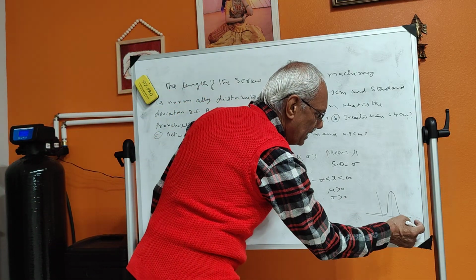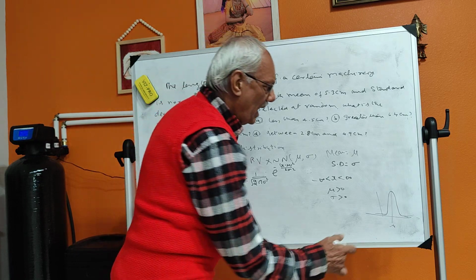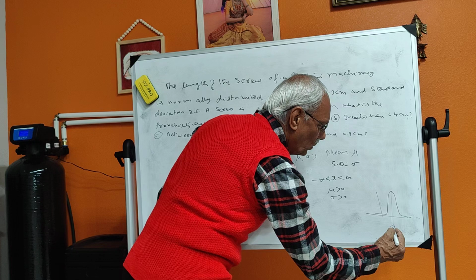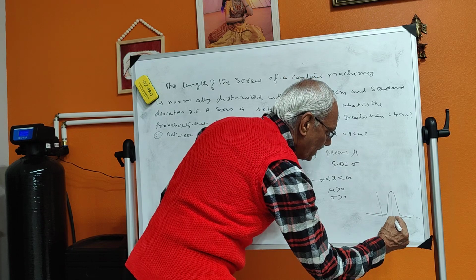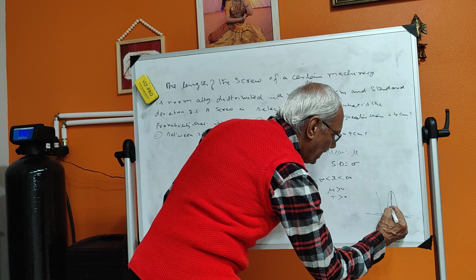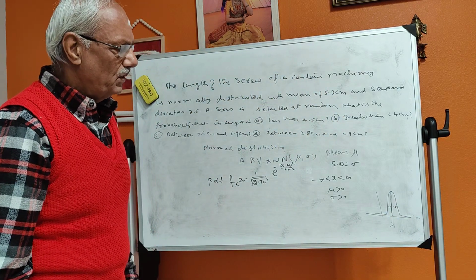Here you see that the area between the x-axis and the curve is 1, and at the line mu, this line divides the area into two halves, 0.5 and 0.5.